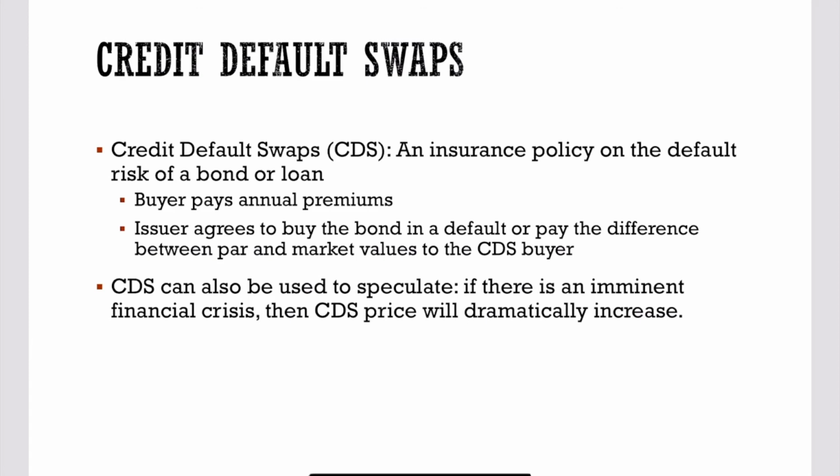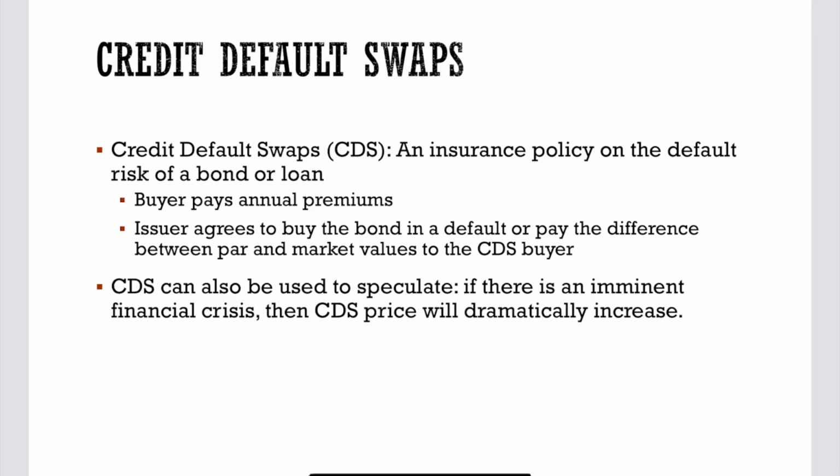What is the benefit you can get? It's an insurance, so clearly, if the default actually happens, you will get compensated. How? If you have the CDS and the default happens, then the insurer will buy the bond and pay you back the promised par value, or it will pay the difference between the par value and the market value.